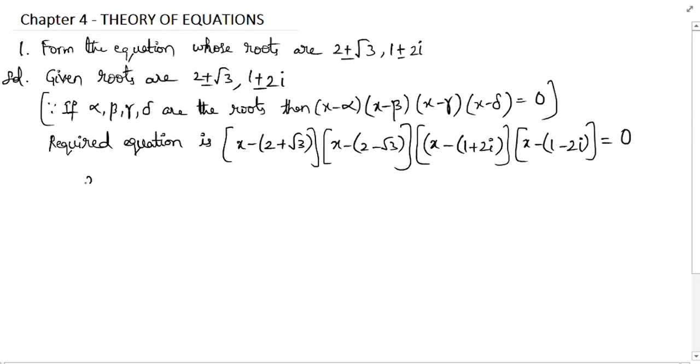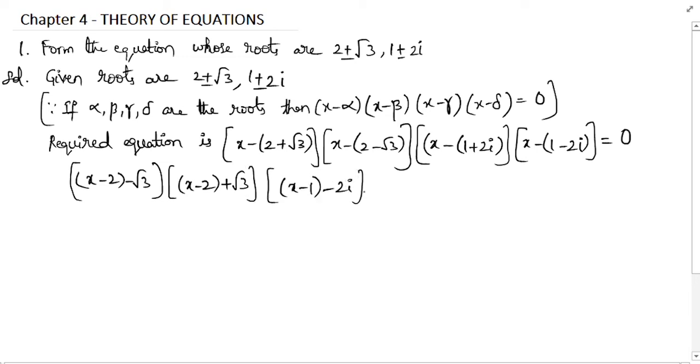So, x minus 2 minus root 3, then x minus 2 plus root 3, x minus 1 minus 2i, x minus 1 plus 2i, which is equal to 0.